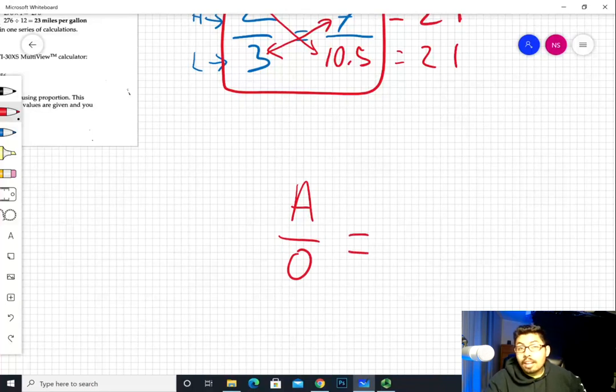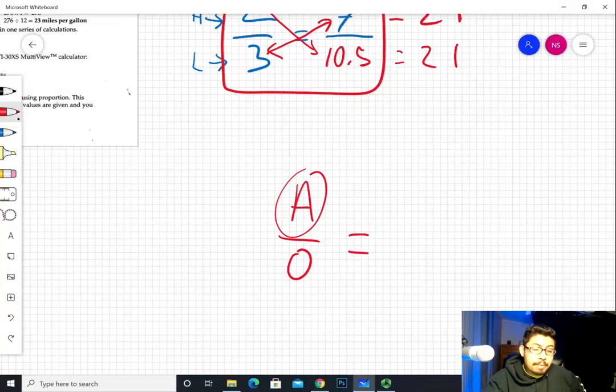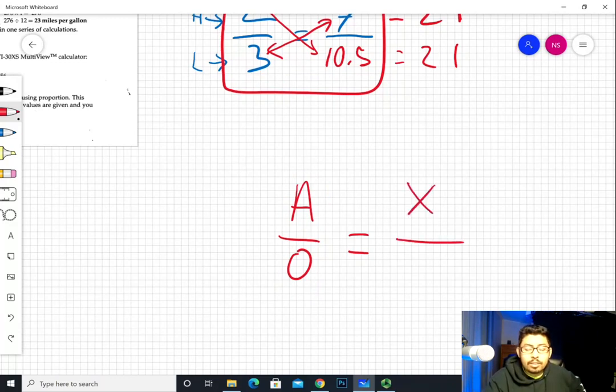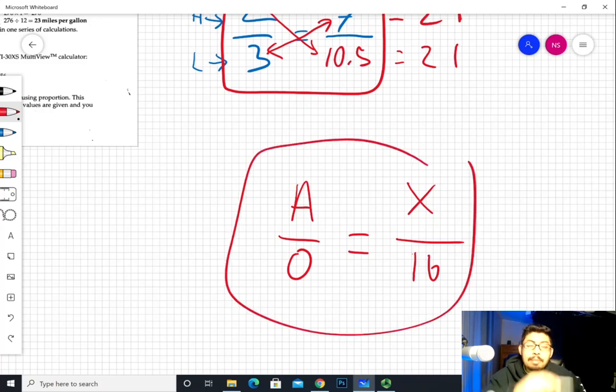Then on the other ratio, one of these is going to be missing from that specific ratio, and it's totally fine. That's normal, right? That's why we want to do this setup. Let's say they don't give us the apples, but they gave us, I don't know, 16 oranges. 16 oranges. You now have done the setup. Now all you got to do is cross multiply and divide.